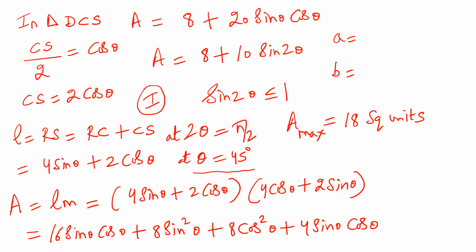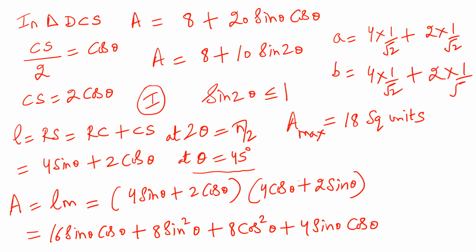So now A becomes 4 into sin 45 degree plus 2 into cos 45 degree, which is 4 into 1 upon root 2 plus 2 into 1 upon root 2. And B becomes 4 into cos 45 degree plus 2 into sin 45 degree, which becomes 4 into 1 by root 2 plus 2 into 1 by root 2.